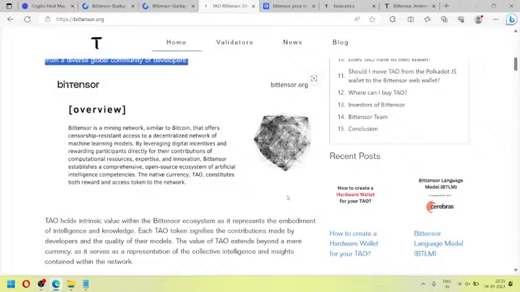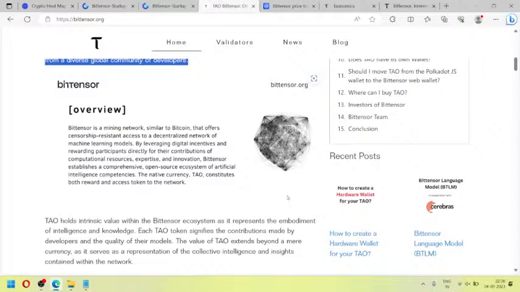Bittensor established a comprehensive open source ecosystem of artificial intelligence competence. The native currency TAO serves as both reward and asset token to the network.